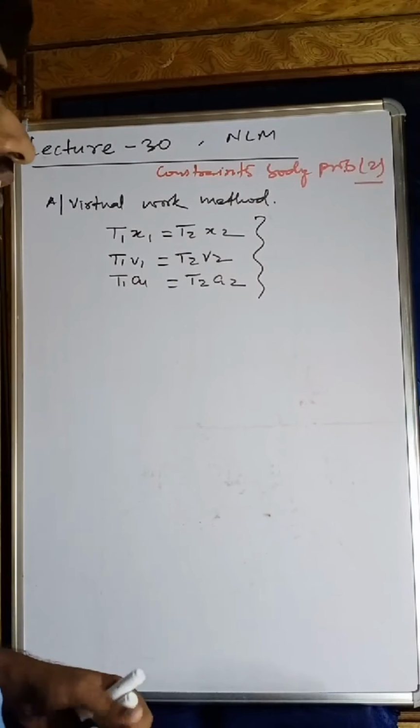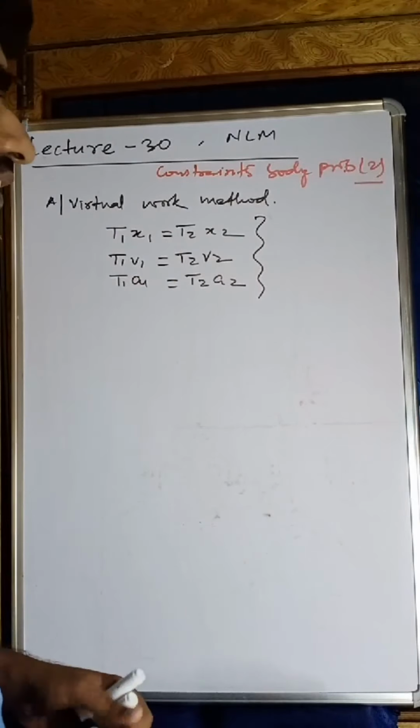Suppose this is a block of certain mass M, connected with a string that goes over a pulley, and the angle given is 37 degrees. If this body is pulled by the string with 10 meters per second, you have to find the horizontal velocity of this block.